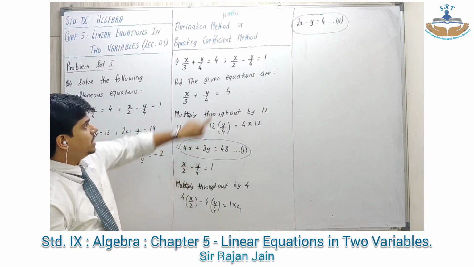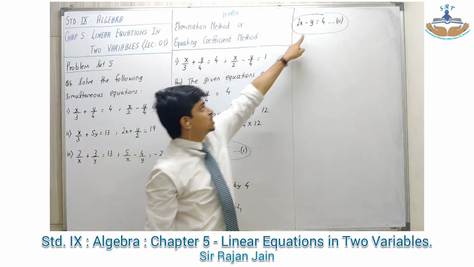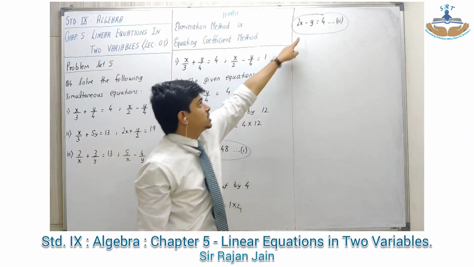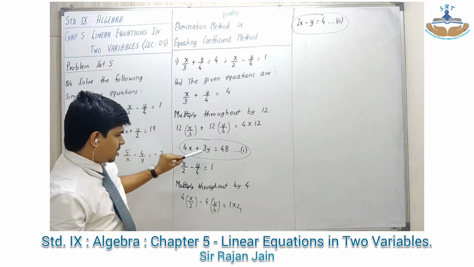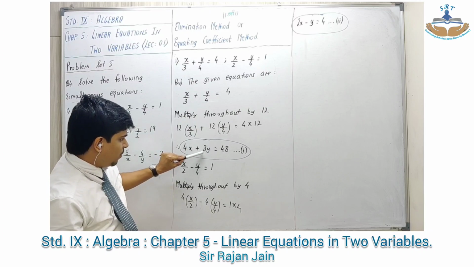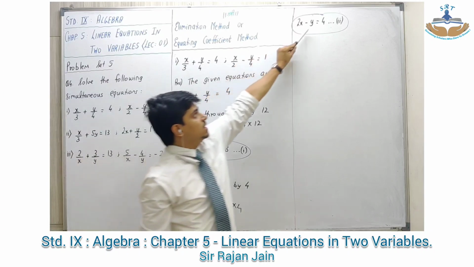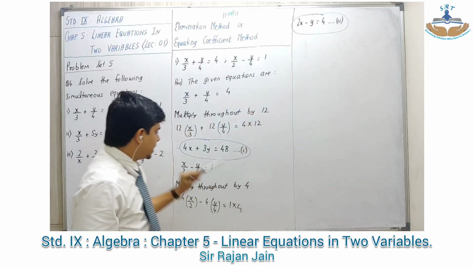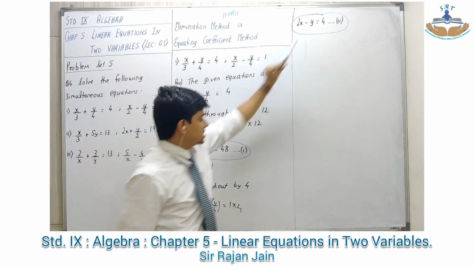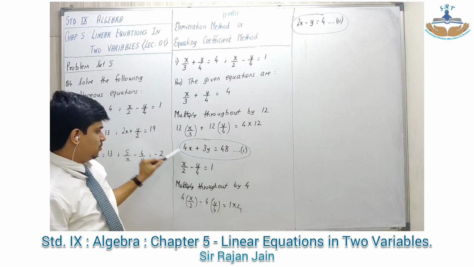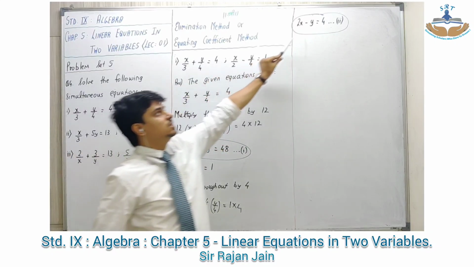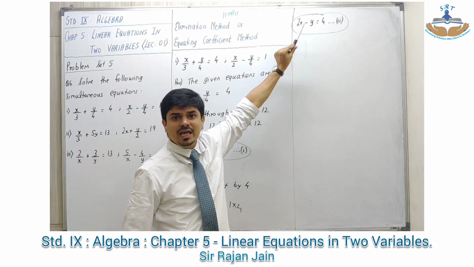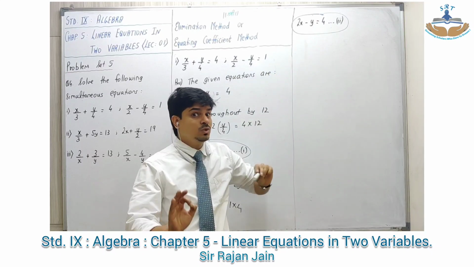Okay. Now over here I'll try to equate the coefficient in these two equations. The coefficient of y has opposite signs, either plus 3 or minus 1. The LCM of 1 and 3 is 3. In order to make the coefficient of y as 3, I am not supposed to modify this equation. Only this equation is to be multiplied by 3. What was the new thing over here?